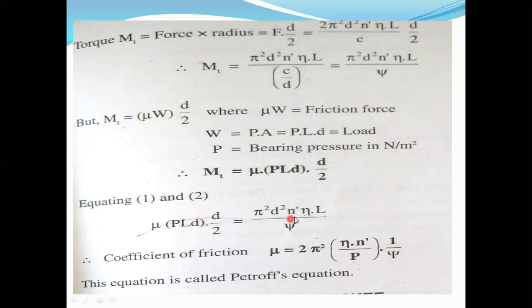Here d square gets cancelled. Finally we will get mu is equal to 2 pi square eta n dash by P into 1 divided by xi. So this is the formula to calculate the coefficient of friction based upon Petroff's equation.